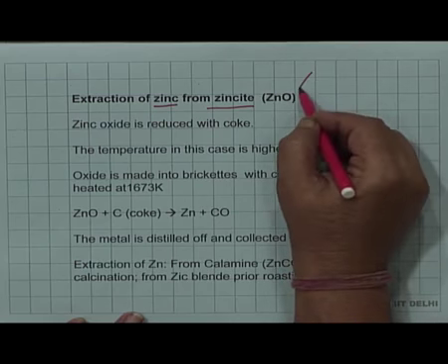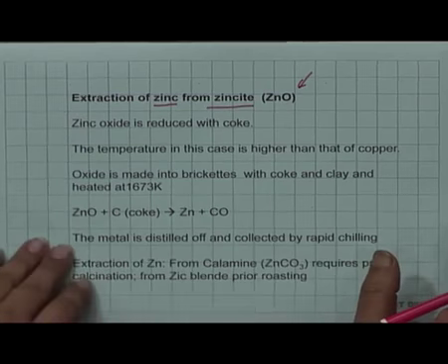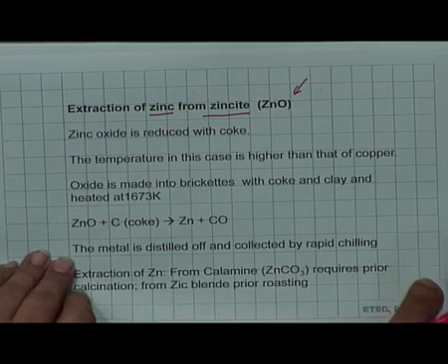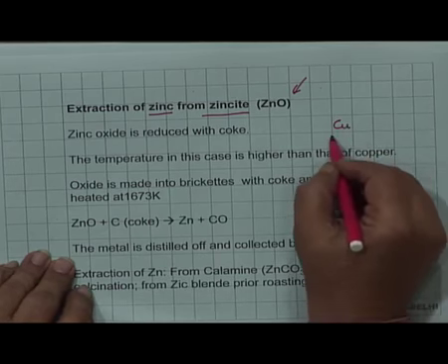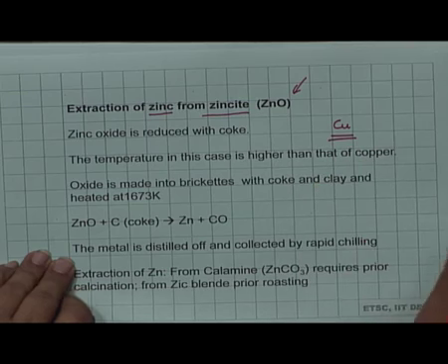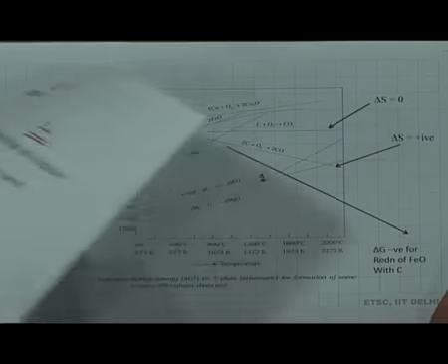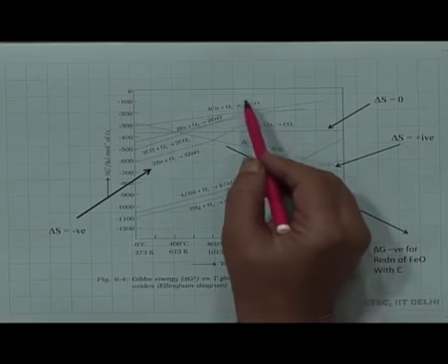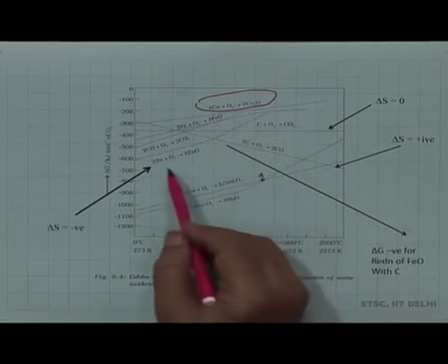Zinc oxide can be directly reduced with coke or carbon monoxide, but it is not as easy as in the case of copper. Why is it not as easy as in the case of copper? If you again look at the Ellingham diagram, you will see that copper is on the top, but zinc is much below.